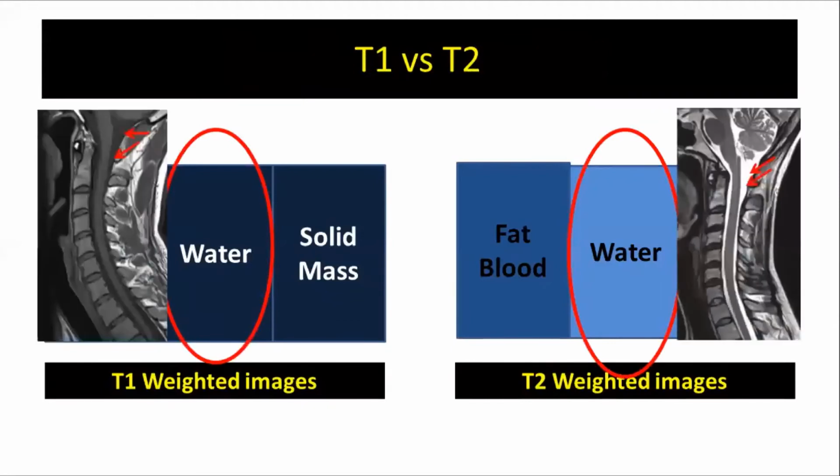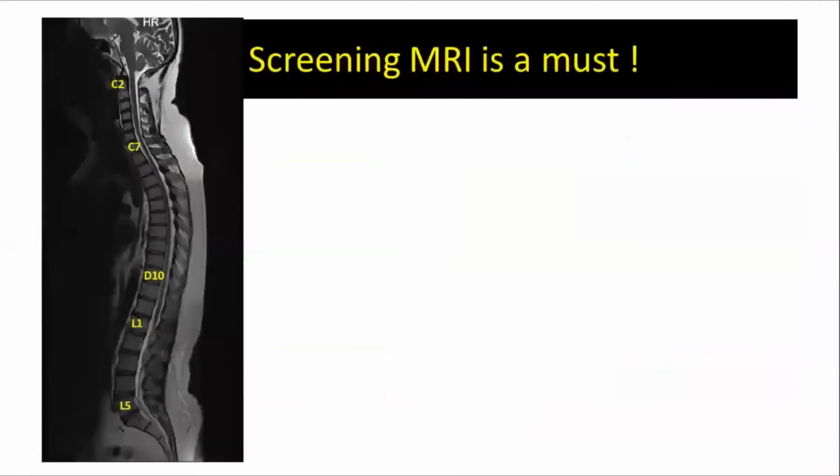On the left hand side, you can see a T1 weighted image where the red arrow shows CSF, which is dull in color, whereas on the right hand side, you can see the T2 weighted image where the CSF is very bright. The white color is CSF. The first and foremost image that you should see is a screening spine MRI.